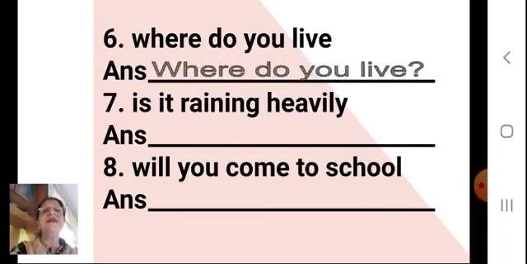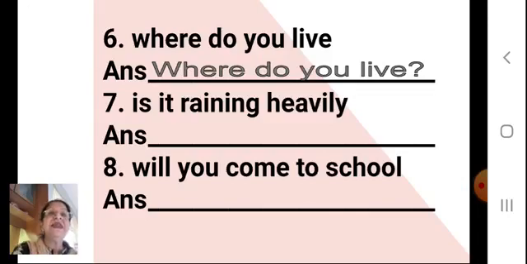We have started it with a capital letter, that is W is capital, and we have ended with a question mark. Why with a question mark and not with a full stop? Yes, because this is a question. We are asking, where do you live? So we have to put a question mark. Where do you live? So after live, you are going to put a question mark.